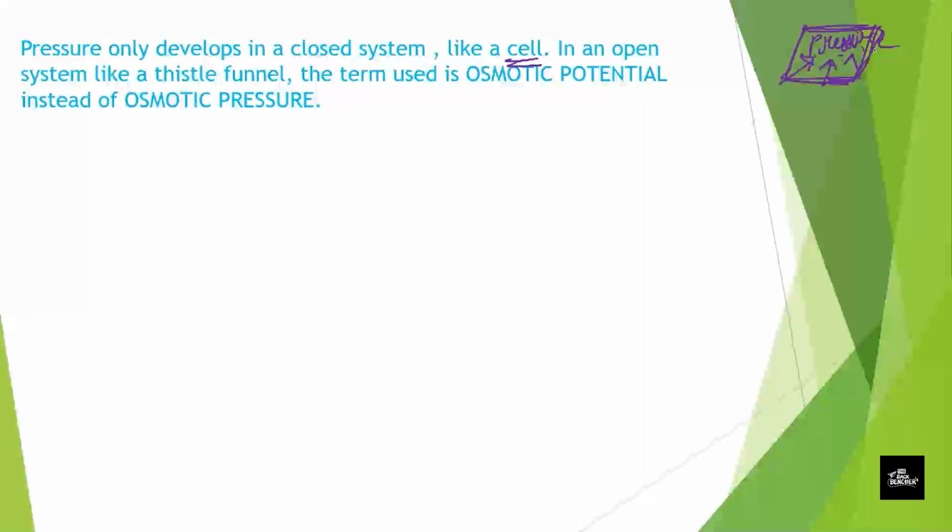So pressure is always developing in a system which is closed from all four sides. Hence, in such a system only, the osmotic pressure term is going to be used. For a system like the thistle funnel, which is open and not closed from all four sides, we are going to be using the term osmotic potential in place of osmotic pressure.